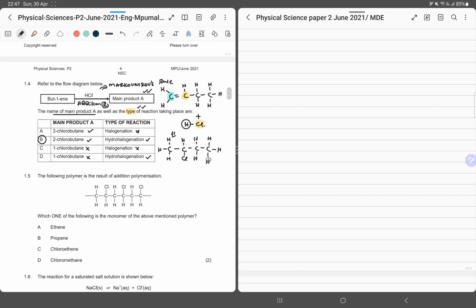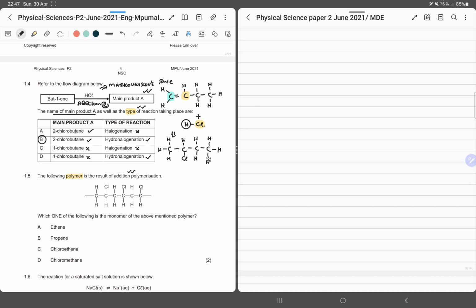Question 1.5 says the following polymer is the result of addition polymerization. I don't know if you guys are still doing these ones. Maybe let's just highlight it instead. So now we need to find the monomer. What would be the monomer? Let's see how many carbons there are here: 1, 2, 3, 4, 5, 6.